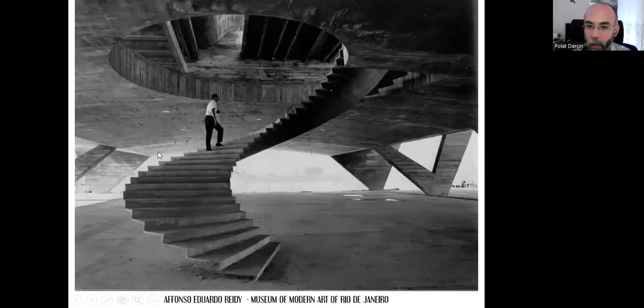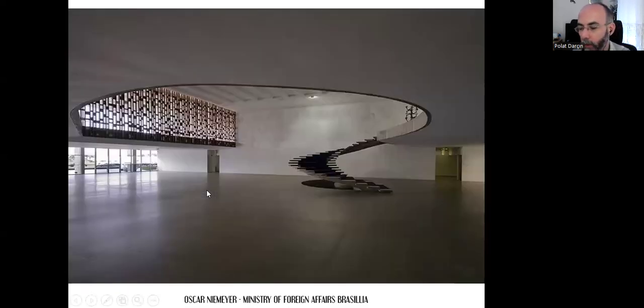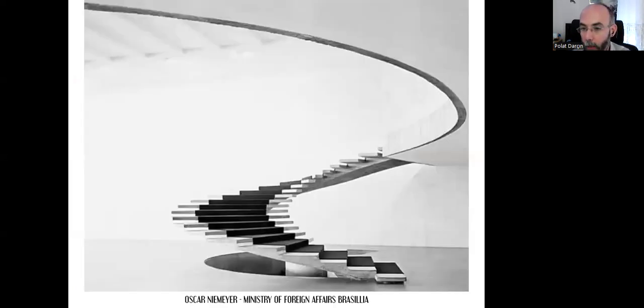Here are some very nice examples, in my opinion. So if you have time, you can see the name of the architect and the name of the building. You can search for that and try to understand how the architect designed that building, these spaces, and the stairs as a part of these spaces.